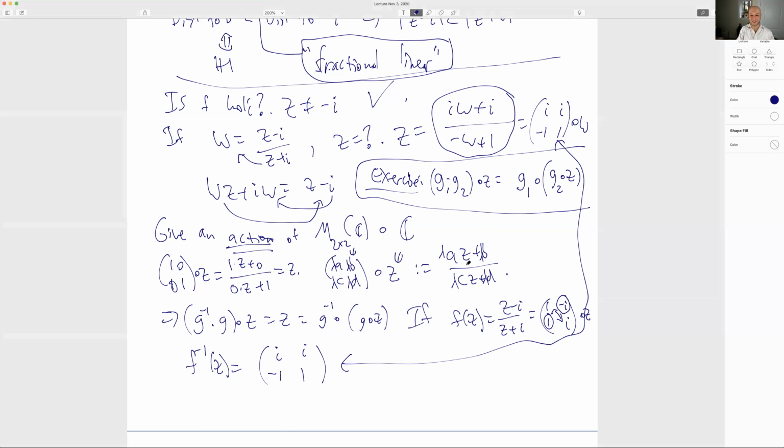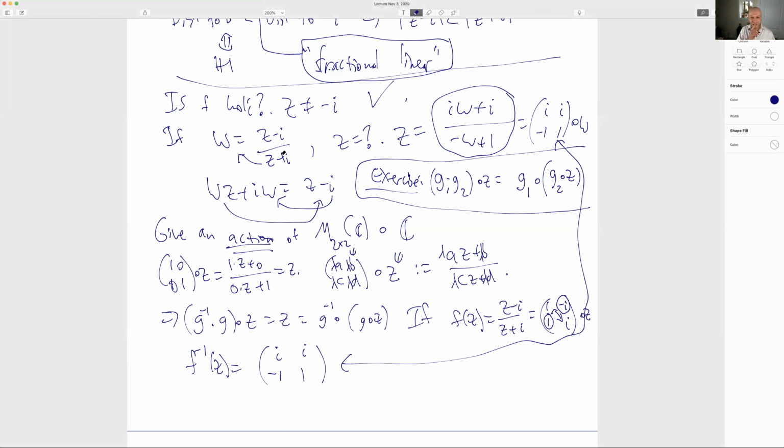You just see that this is this matrix, 1 negative I, 1 I. You flip these two, the I and the 1 flip, the negative I negates to a plus I, the 1 negates to a minus 1. Okay, does everybody see that?